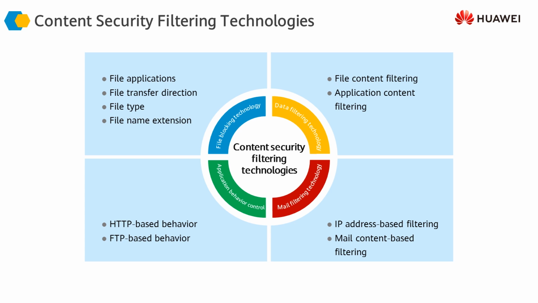Then we have the mail filtering technology, where we can control the spam traffic based on IP addresses, or we can control traffic based on the detailed contents of the mail, for example the sender address, the receiver address, or the number or size of attachments. So we can do mail filtering based on different parameters, including IP address and other email specific parameters.